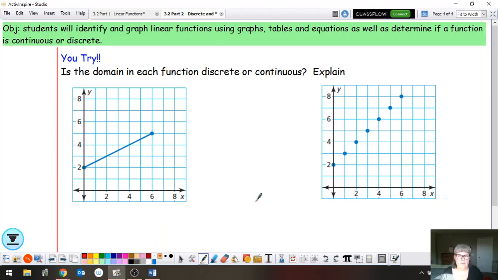Now that you have had some time to think on it, you should have said that the first graph is not discrete. The first graph is continuous.